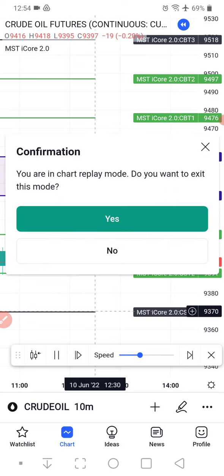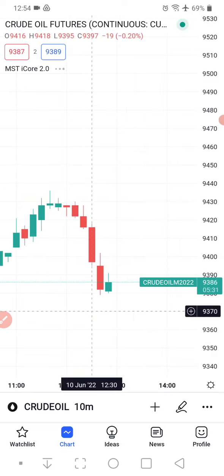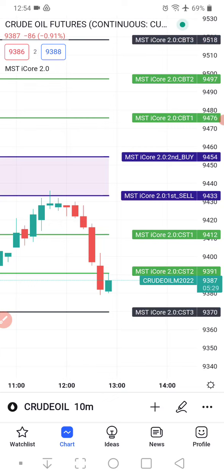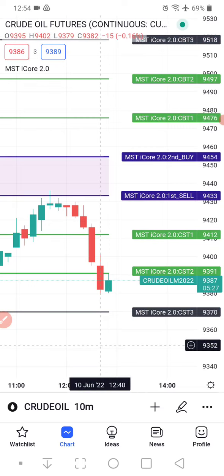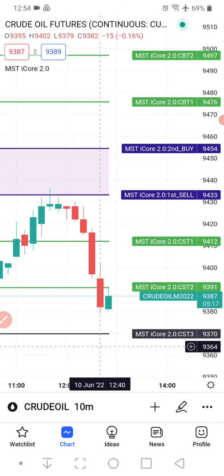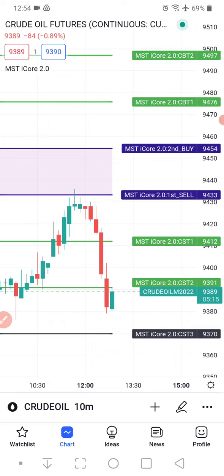Yes, the second target also hit. The second target was 9391, it is hit, and the low made 9382. So we have got 51 points profit so far in a single lot. See, perfectly it is getting reversed after it met with our sell entry.